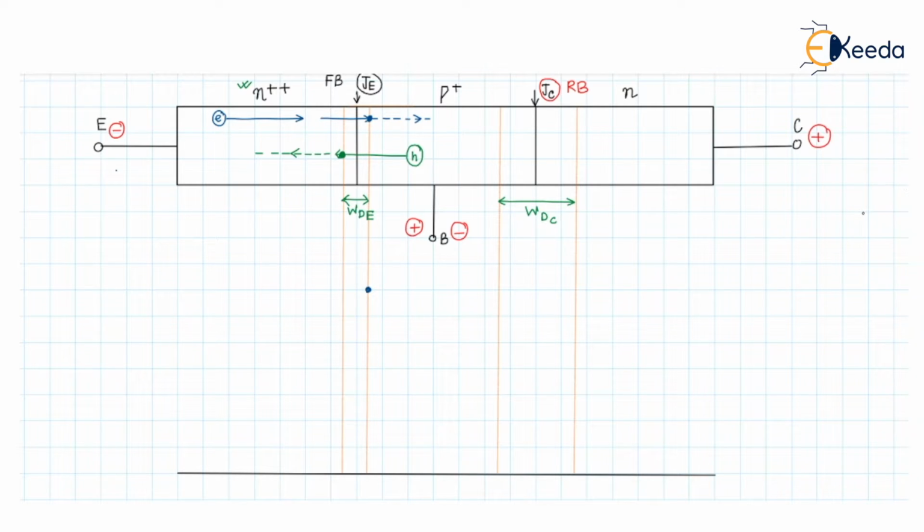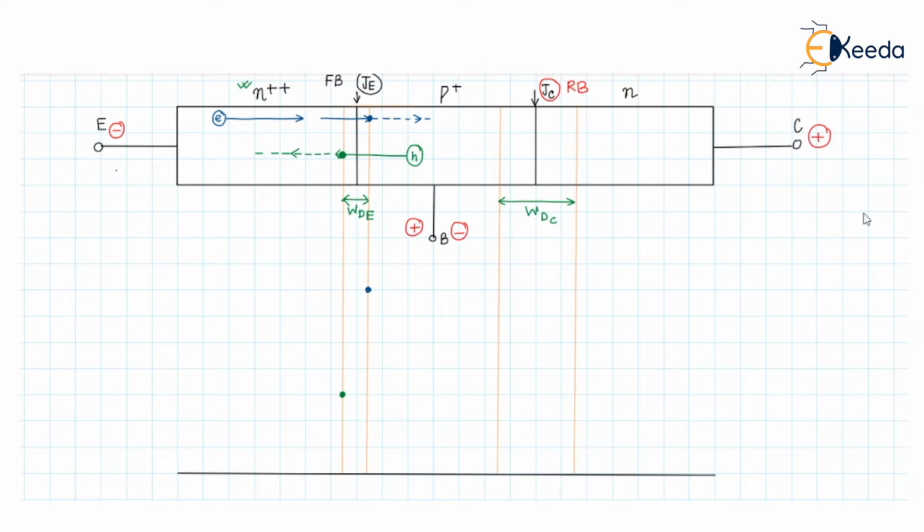Similarly, the hole concentration at the edge of the JE junction in the emitter will be a small value with respect to the minority carrier concentration in the base, since the base is lightly doped with respect to the emitter.